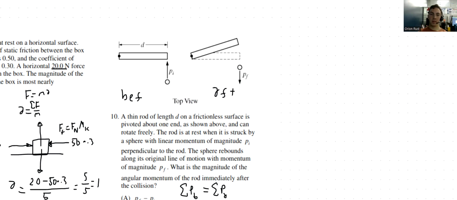The only momentum that we have here, because the rod is at rest, is our pi. P, that looks more like a rho for density. P equals mv. Because the rod is not moving, because the velocity is 0, our only momentum in the system is our pi.